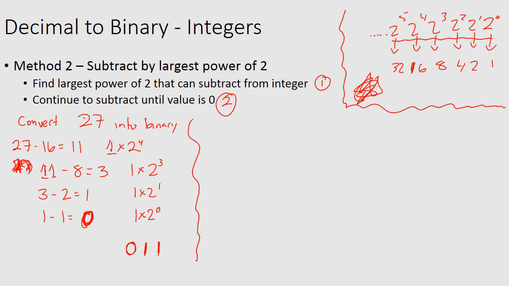We do have 1 times 2 to the 3, so we're going to add a 1 over there. And then finally we have 1 times 2 to the 4, so we can effectively say that 27 in decimal is equivalent to binary 11011.